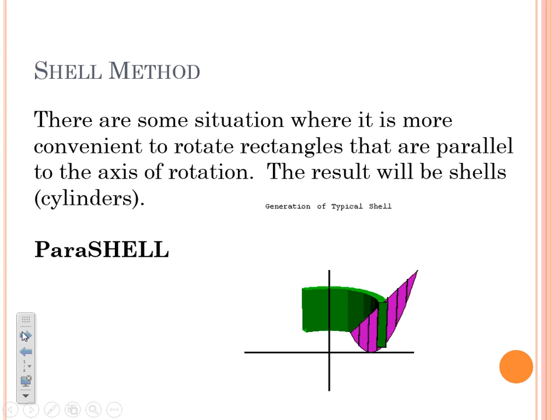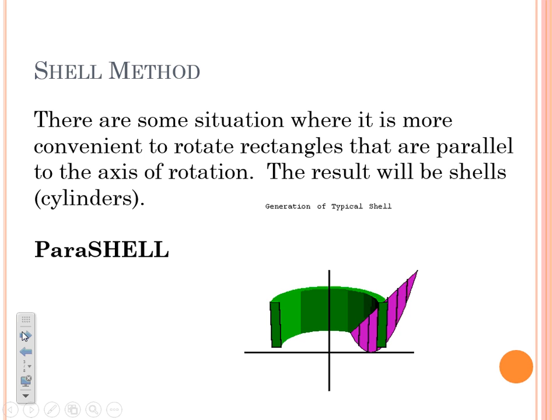So you see we have this rectangle, and I'm going to rotate it around the y-axis, so you see I have a shell, if you will. So we're going to take our area, cut it into infinitely many, infinitely small rectangles, and when we rotate all of those around, we get all of these shells inside of each other.